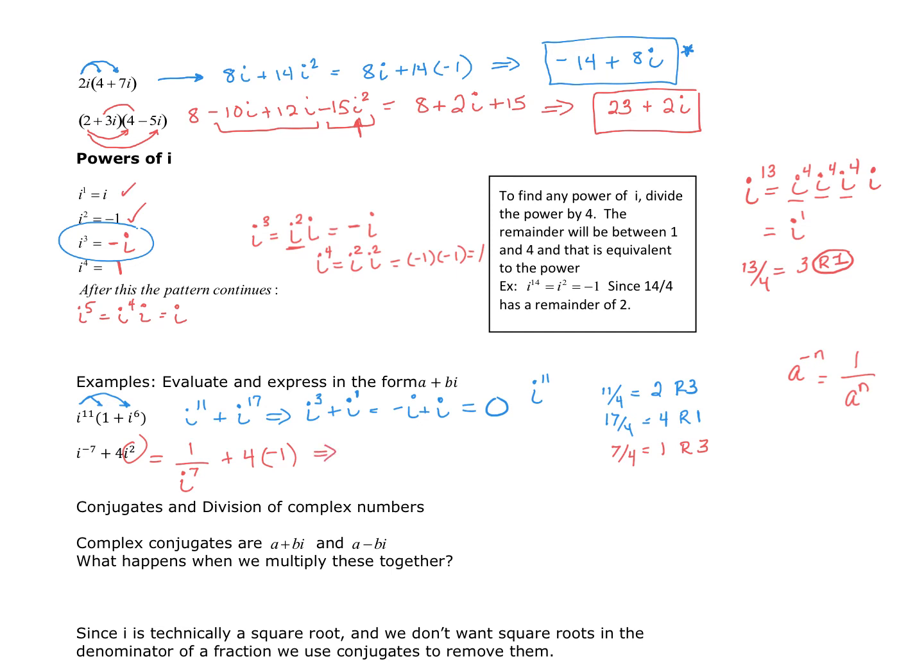So this is going to be 1 over, and we'll take it from up here, negative i. Now we'll talk about this one in a minute, but typically we don't have an i in the denominator because remember, i is a square root, and we don't like to have square roots in the denominator. So we'll talk about how we can rationalize when we talk about division.